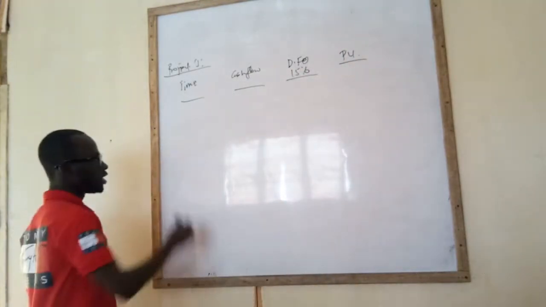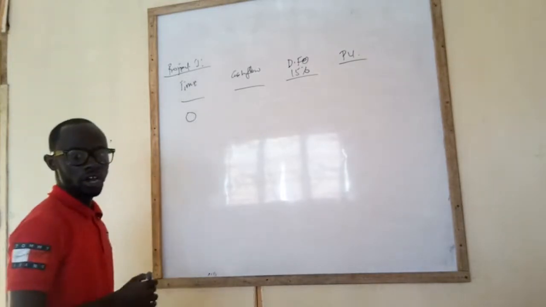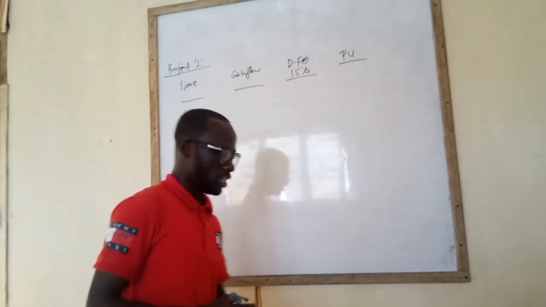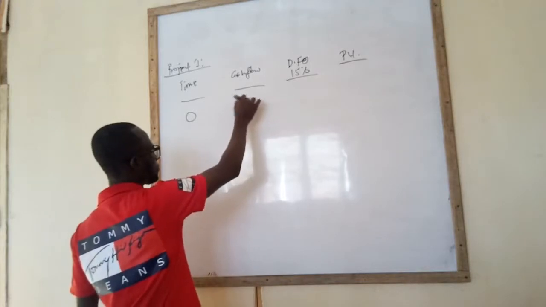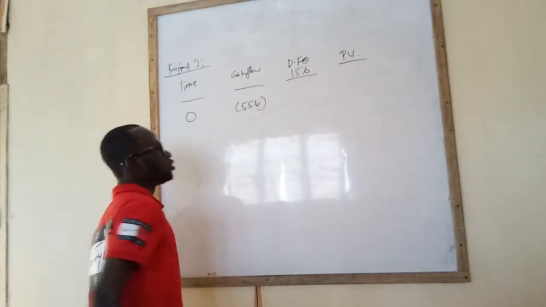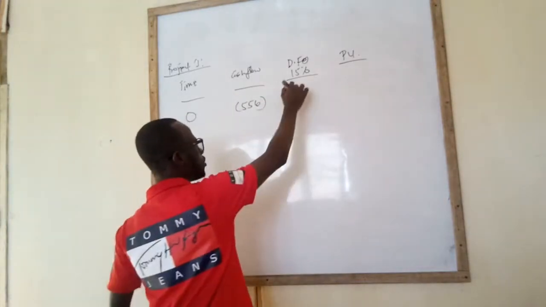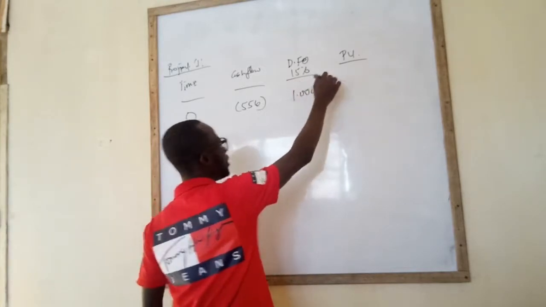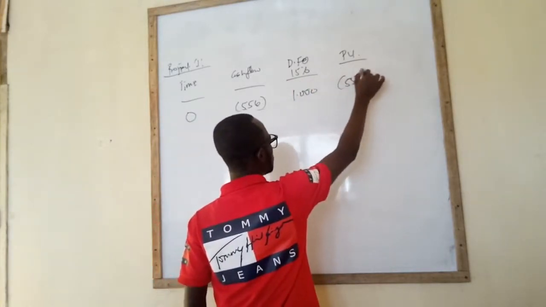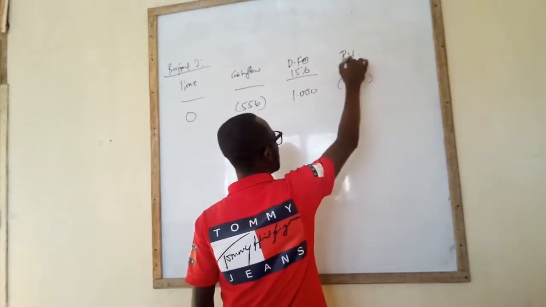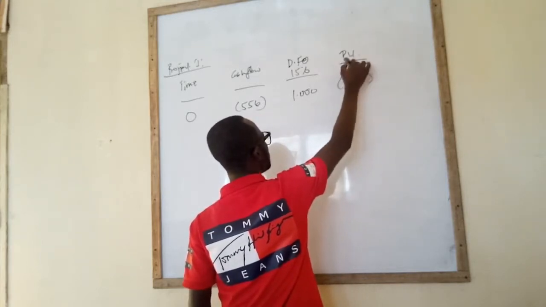So with Project 1, we are told that in year 0, the initial investment is 556. And as I told you, year 0 always has a discount factor of 1. So the same figure comes to the present value segment. Remember, we are using 3 zeros up.